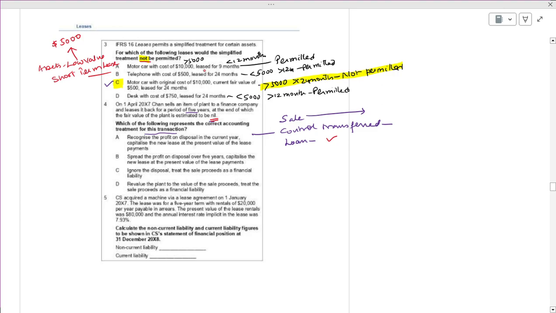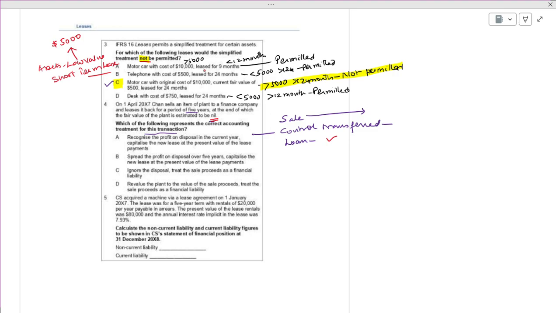Is it right? At the end of its life, it is going to be nil. Which of the following? Recognize the profit on disposal in the current year. Capitalize the new lease at the present value of payments.